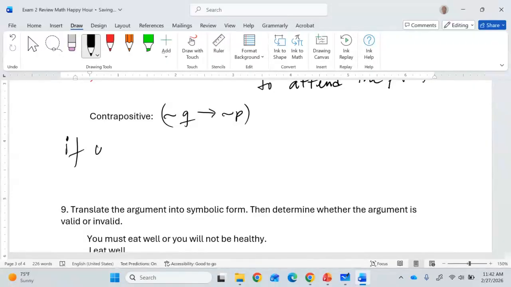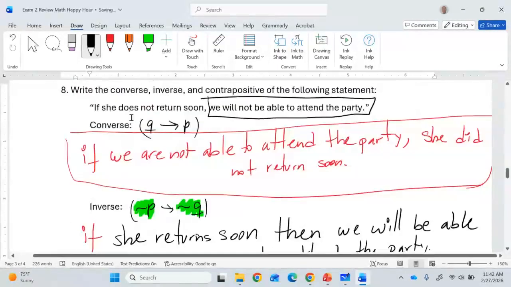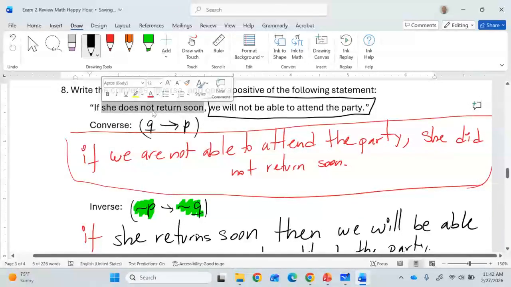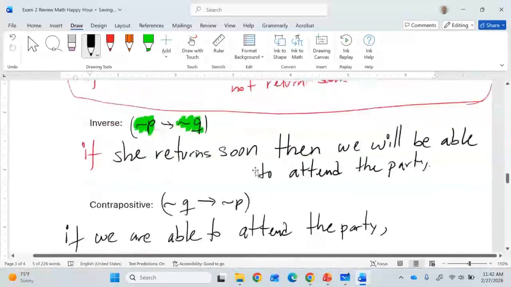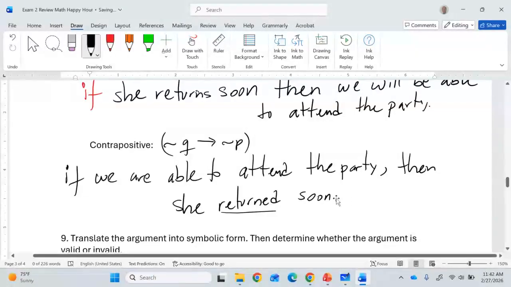Don't forget that, if we are able to attend the party, comma, and now I look at P, which is everything before, and I'm gonna negate it as well. So P says she does not return soon, then she returns soon. So if we were able to attend the party, then she returned soon.